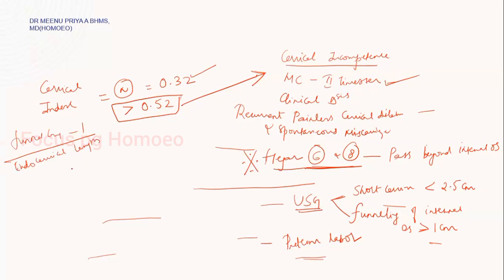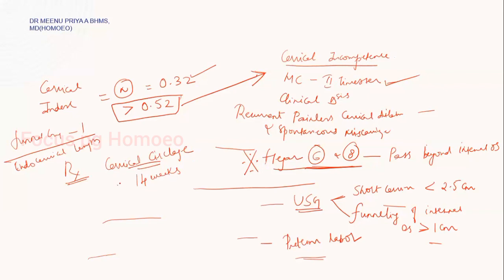Now, what is the treatment usually given? The usual treatment is cervical cerclage. You should remember, cervical cerclage is given for which condition? Cervical incompetence. And at what weeks is it given? It is given at 14 weeks. Cervical cerclage is a procedure done to keep the cervical dilatation in place.